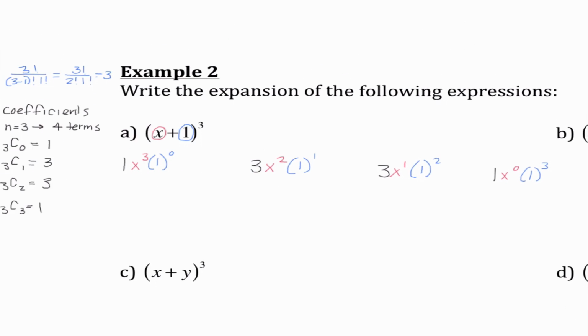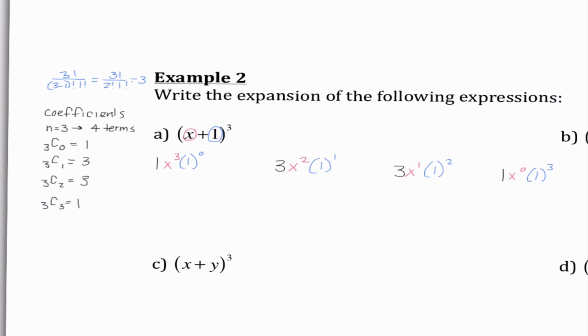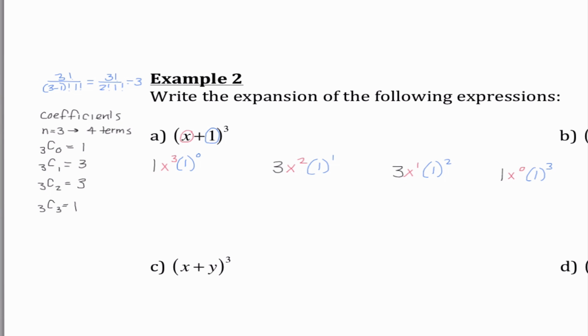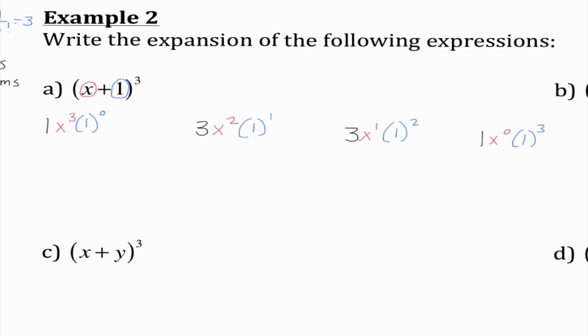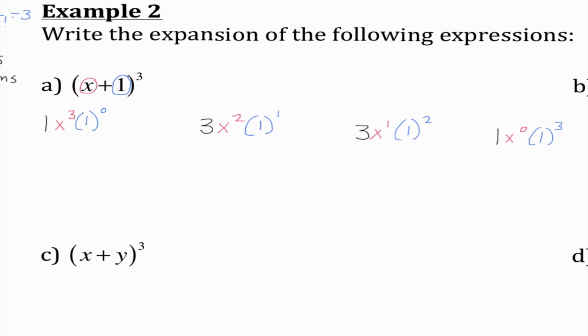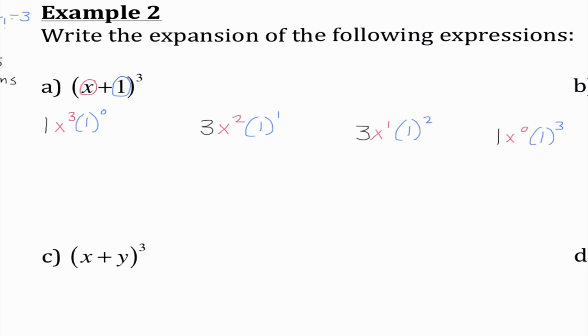Okay, so just kind of to recap here, let me zoom out. The 3 things that we've done, we figured out the coefficients. We took the first term and made it decrease every single term. We took the last term and made it increase every single term. So our final step here is going to be to add these terms together and simplify.